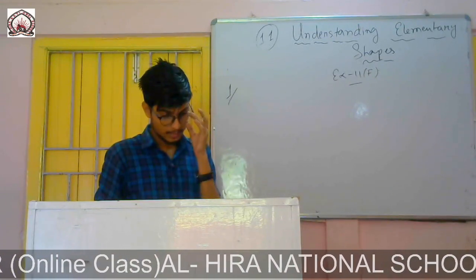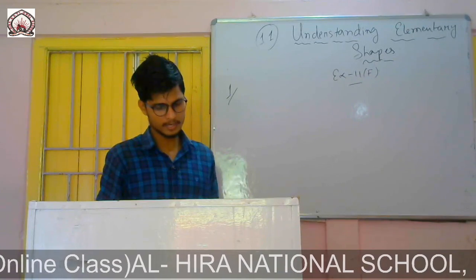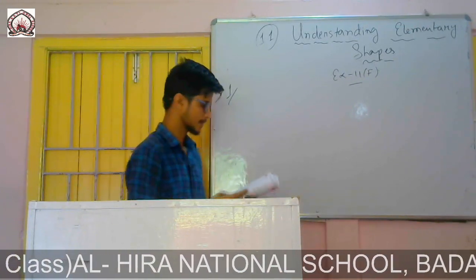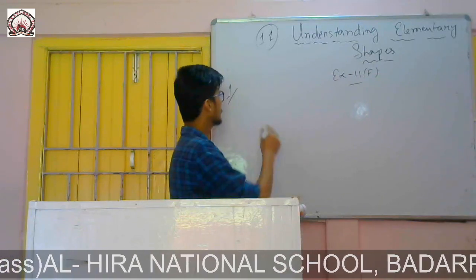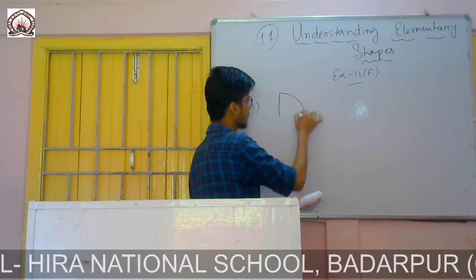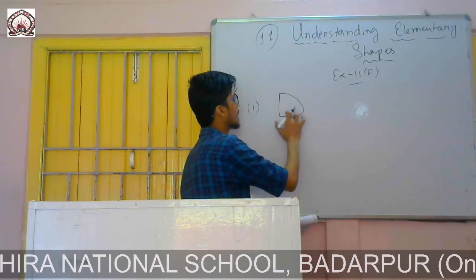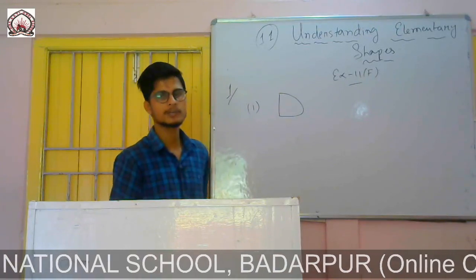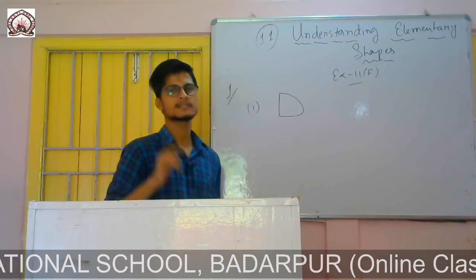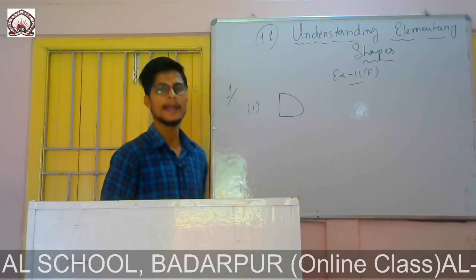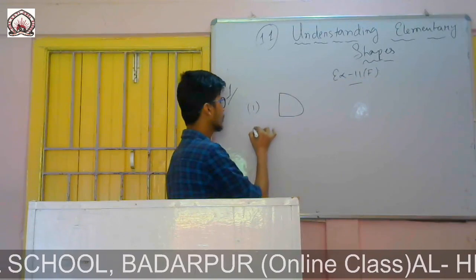You are simply to say which of these figures are not polygons. Okay, so the figure is like this. It is a curve, and as I said, if a curve is there, then it will not be a polygon. There should be line segments joined at their end points. So it is not a polygon.